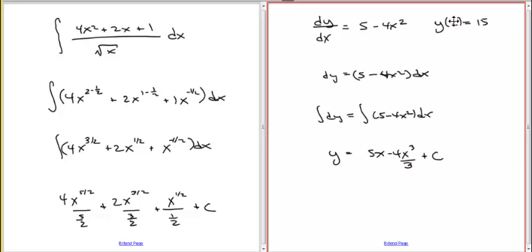Then I can use this as my initial condition. So this is the y value, and this is the x value. So I take the general solution, and this is where people get these mixed up. You want to make y equal to 15, and you want to plug in whatever's in the parentheses, 2, for x.